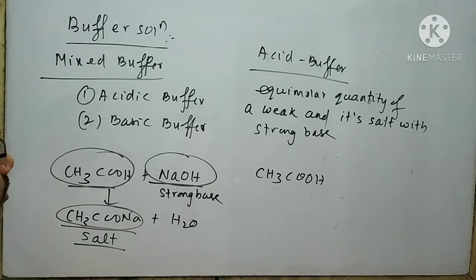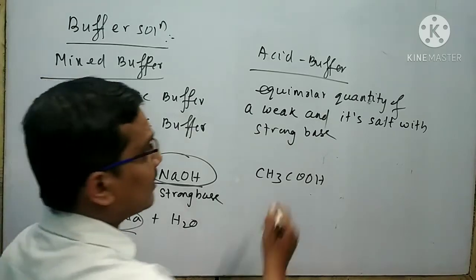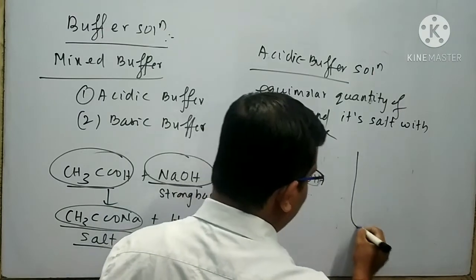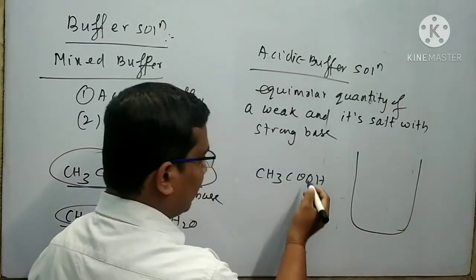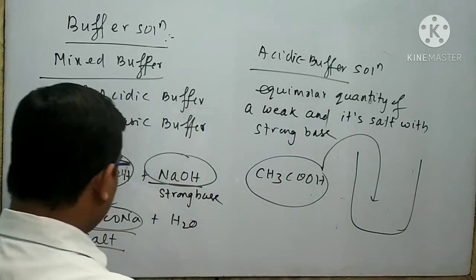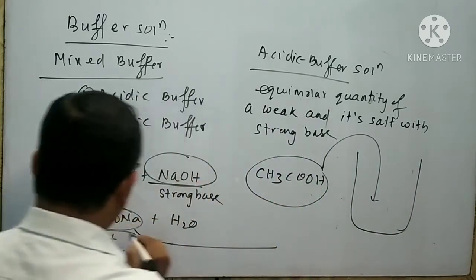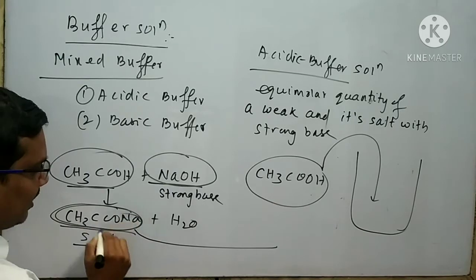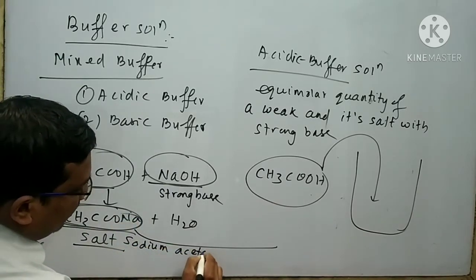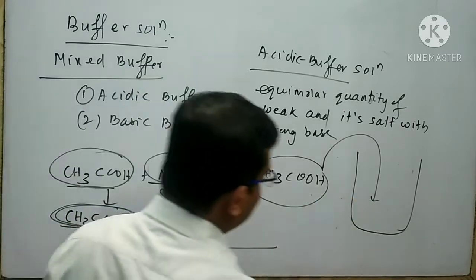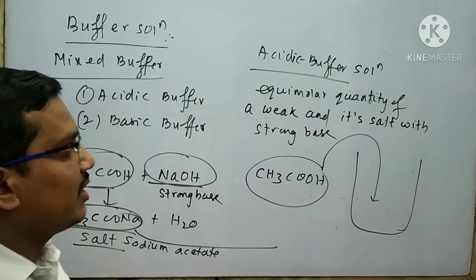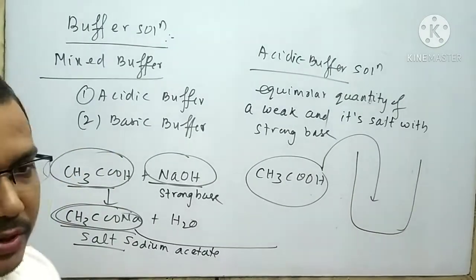Suppose I want to prepare the acidic buffer solution. Take a beaker, take the acetic acid in this beaker, then add the sodium acetate. This is said to be sodium acetate. Take this sodium acetate in this beaker and make a solution. This solution is said to be an acidic buffer solution.